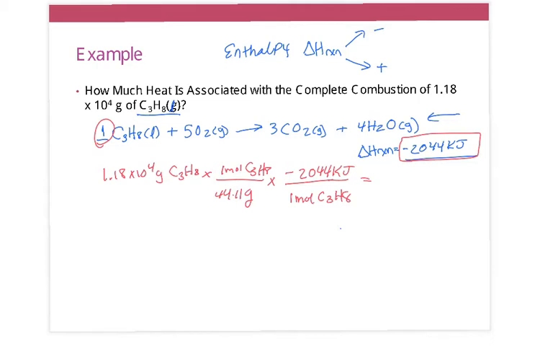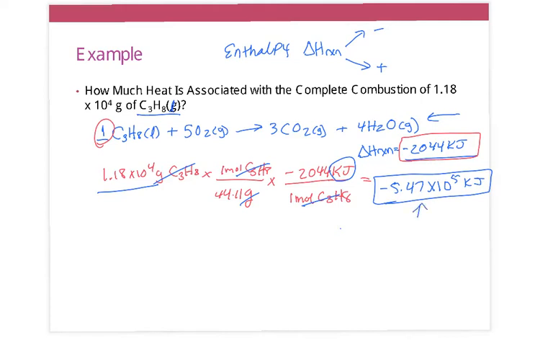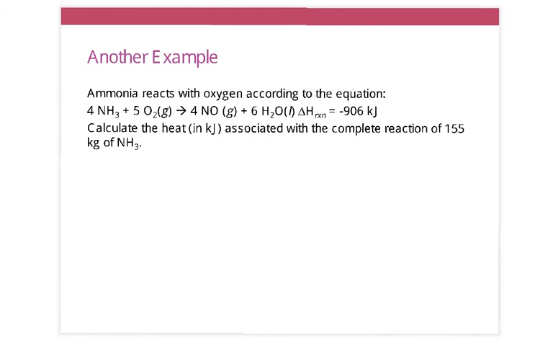So then our grams cancel, our moles cancel, and we're left with kilojoules. And we get an answer of negative 5.47 times 10 to the 5th kilojoules. So whenever we burn this much propane, 1.18 times 10 to the 4th grams, we end up harnessing this much energy.